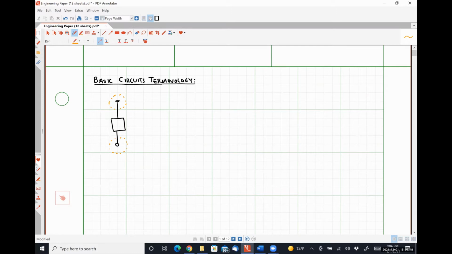So I can take these terminals and I can string elements together. So for example, let's call this guy here element A. And I'm going to put another element over here. And I'm going to call him element B. When 2 or more circuit elements are connected together, they form a network.